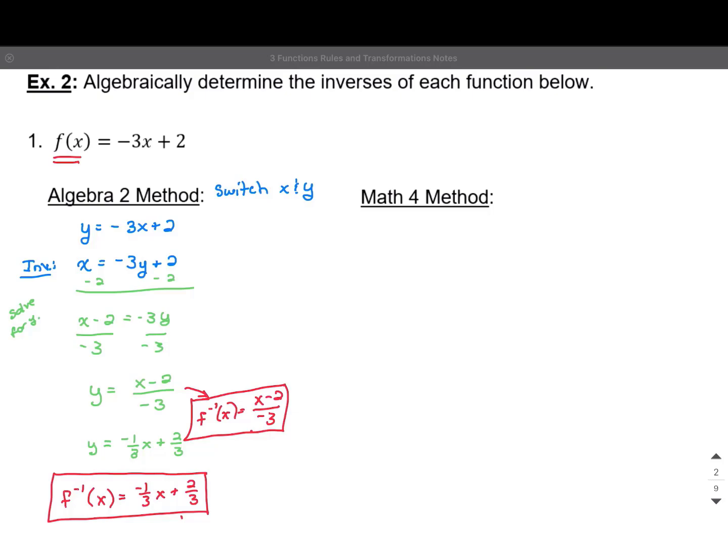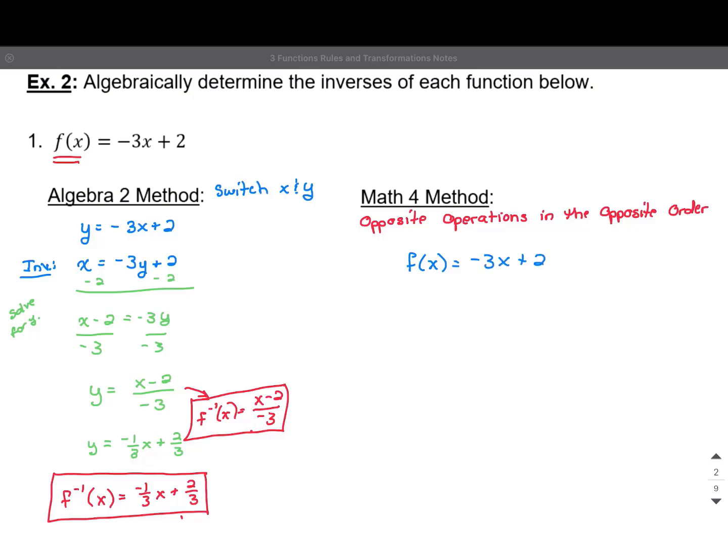So what we do are the opposite operations in the opposite order. So for instance, if we have f of x equals negative 3x plus 2.